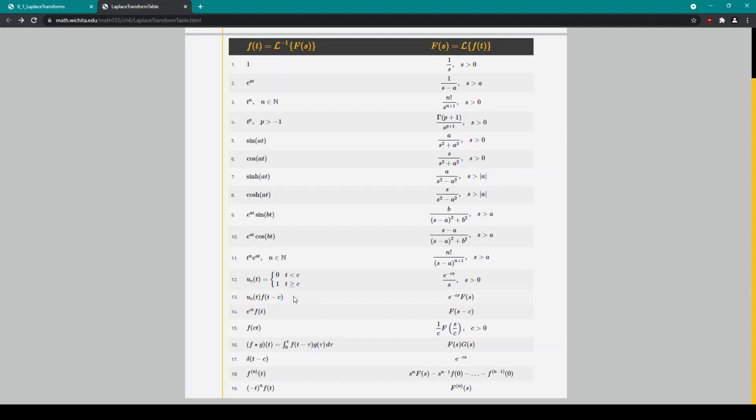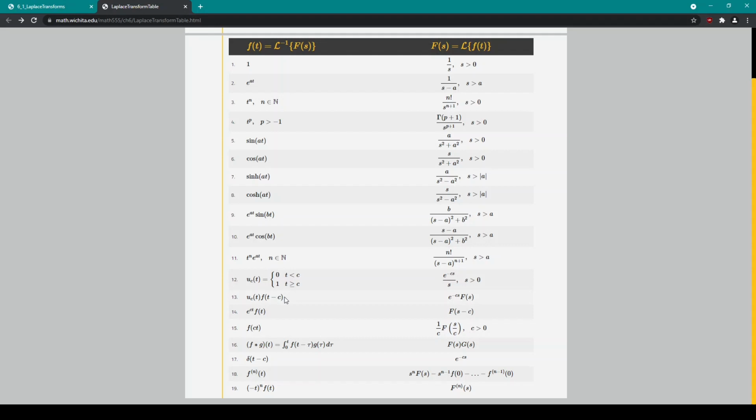It turns out that physically, this represents a way to write down a function that in some sense is turned on at time c. The u sub c function is 0 up until c and then is equal to 1. F of t minus c is a function f of t that has been shifted to the right by c.